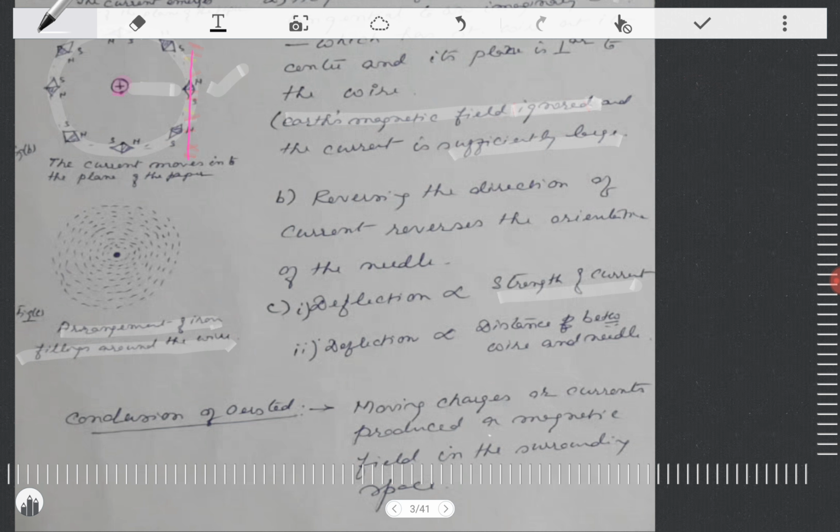That moving charges or current produce a magnetic field in the surrounding space, the space by which it is surrounded.